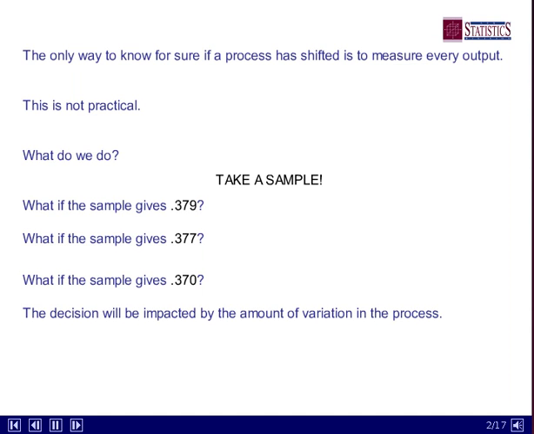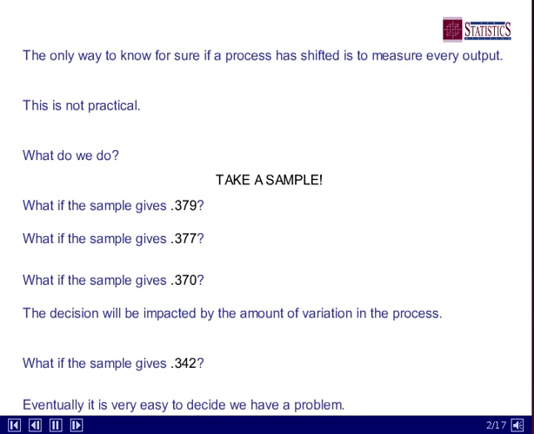On the other hand, if there's lots of variation in this process, making the diameter of pen barrels all over the place, then even something as far away as 0.37 might not seem that unusual under the variation for our particular process. What if it gets to, say, 0.342? I think eventually we can get to a place that everybody would say, there is a problem, this is clearly far enough away, something major has happened, we probably don't even necessarily need statistics to make that decision.